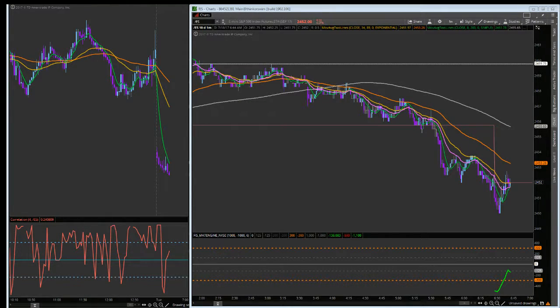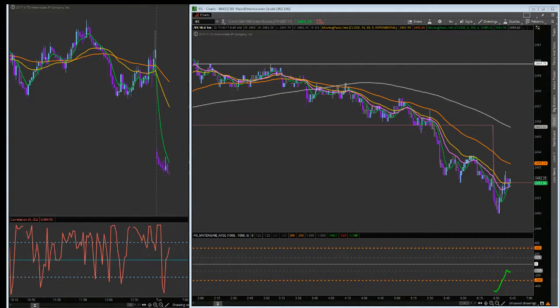NASDAQ looks like it's trying to slide. It's not super strong either way. NYSE, meantime, starting to pull back down. See if we get maybe another push back down. Crossroads here with this.